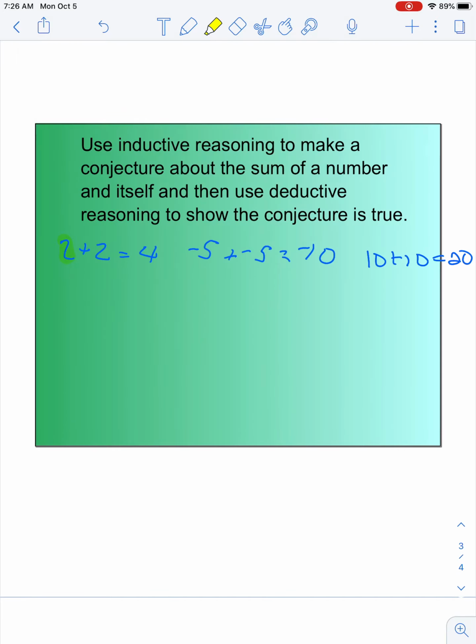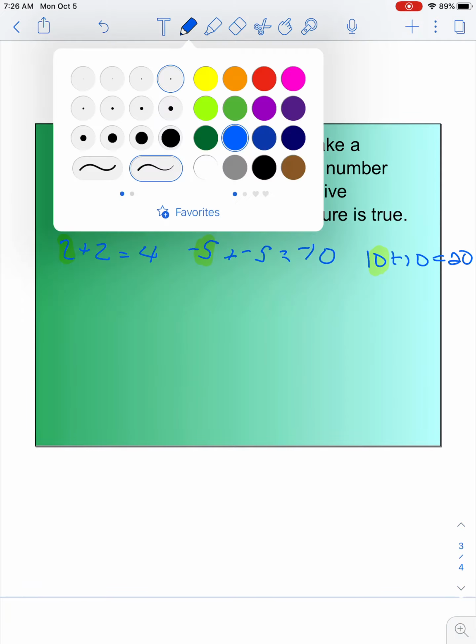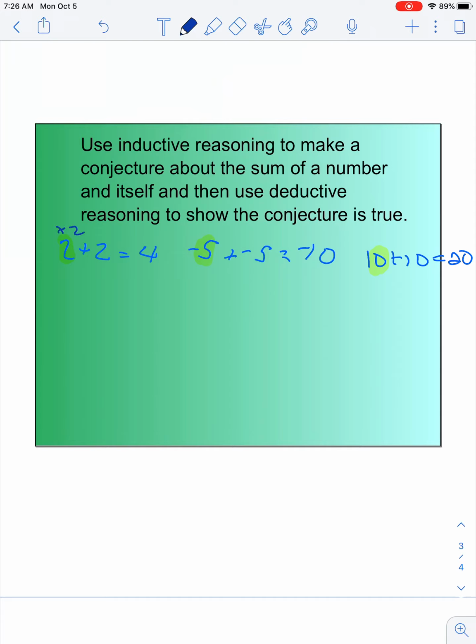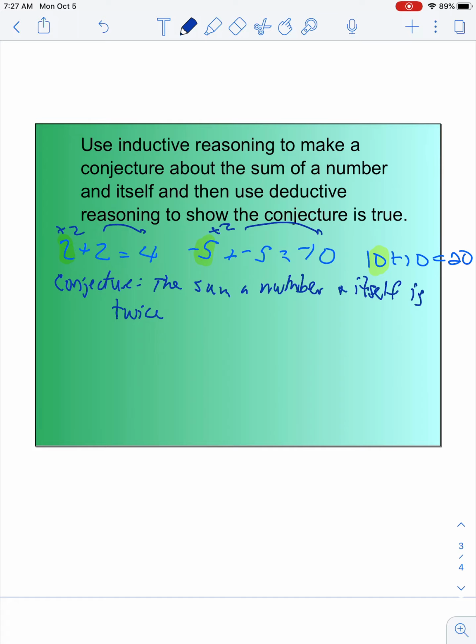So we can look at this and say, I think it's the number itself times 2, and that seems to work. Okay, so if we take the number itself times 2, we get the sum of those 2 numbers. So our conjecture would be the sum of a number and itself is twice the number. Or you could say the number times 2.